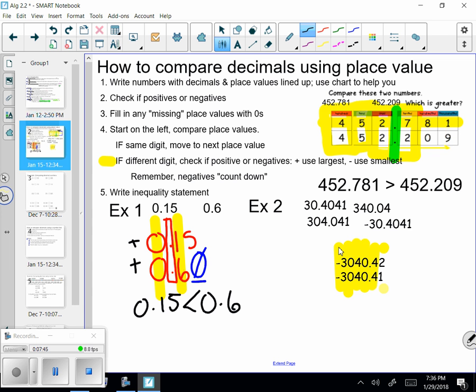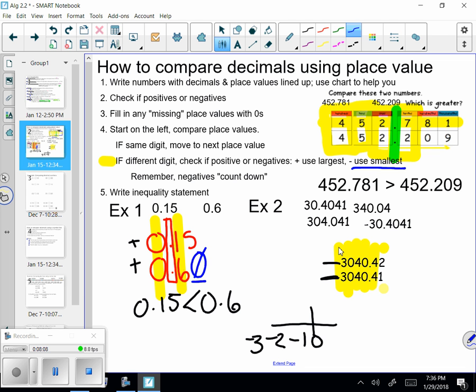Now we have to remember that these are both negative numbers. So when I do a number line, -1, -2, -3, that -1 is bigger than -2. So because they're negatives, I have to use the smallest digit because it's closest to 0.